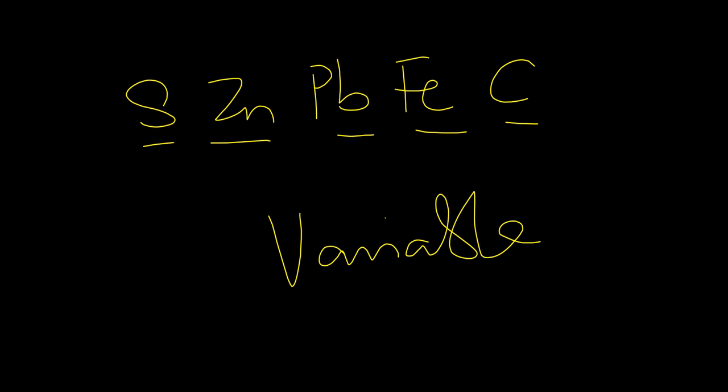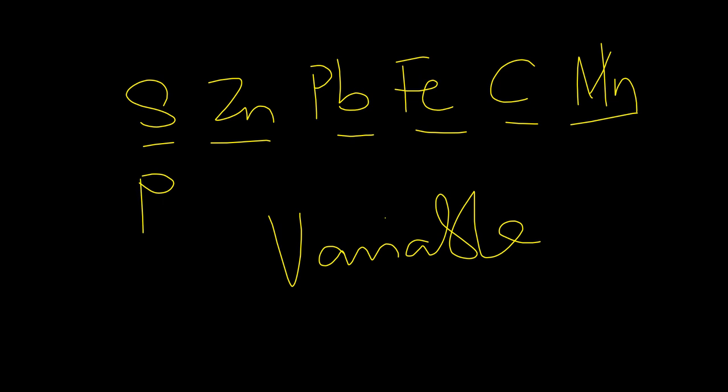The oxidation state changes. So at one point, they might have oxidation state of, let's say, 1. At another point, they might have oxidation state of 2. At another point, they might have oxidation state of 3. So for these atoms, they have variable oxidation state. And at least if you do not know, you need to remember sulfur, zinc, lead, iron, carbon. Let me add manganese. I can even add phosphorus to the group.